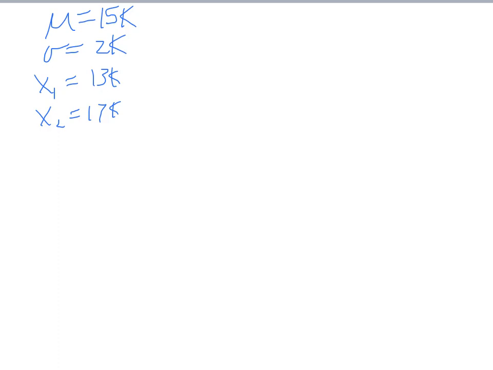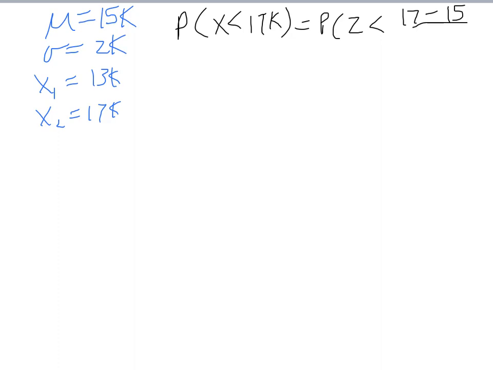Okay, so the probability, where should we start? Let's put it here. Probability that x is less than 17k equals probability that z is less than 17 minus 15 divided by 2. Okay, that gives you 1. Probability that z is less than 1.